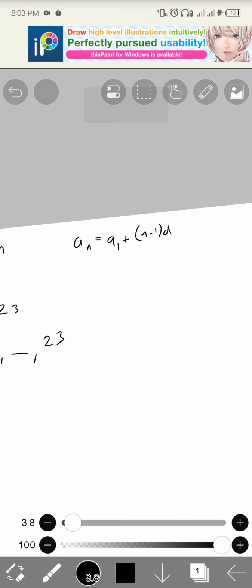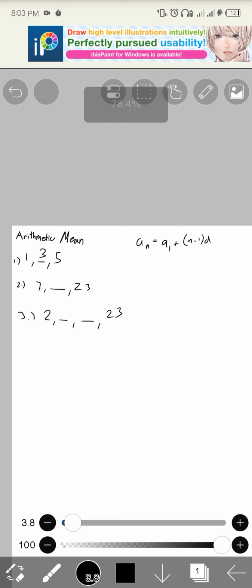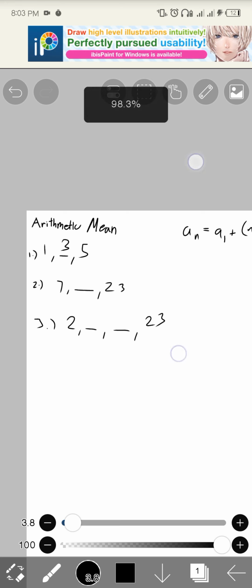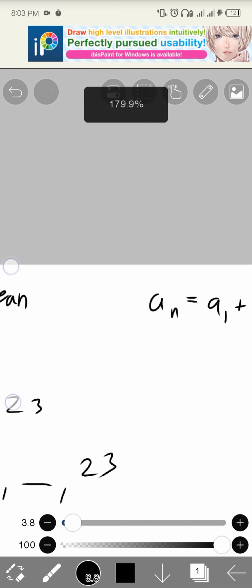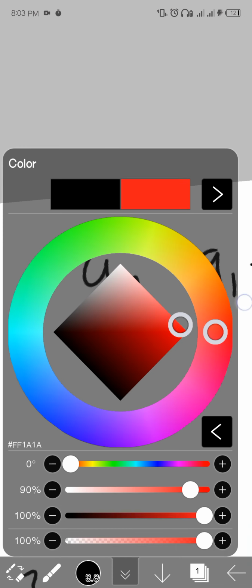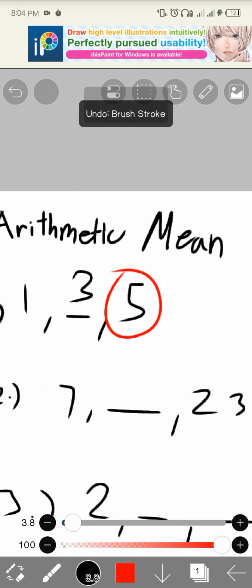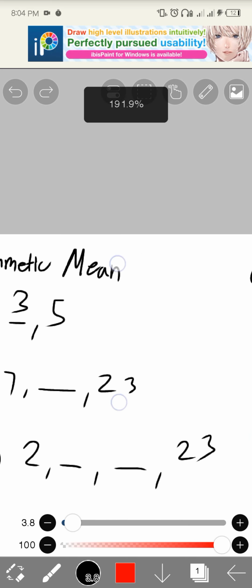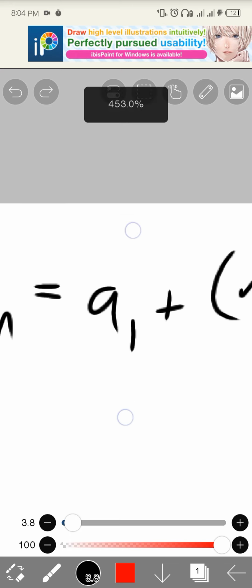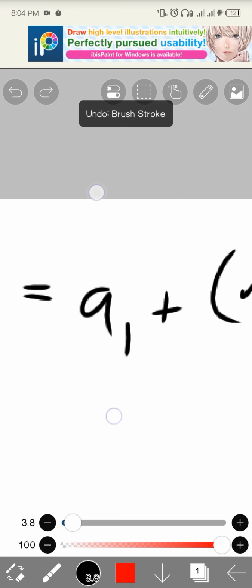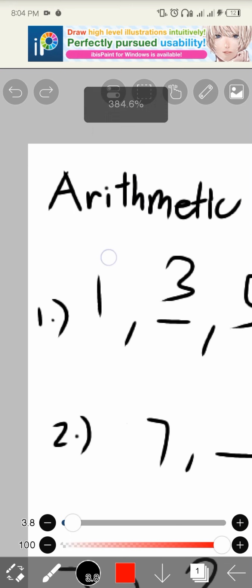So, the long way you can use is, again, the formula. Substitute na lang. So, a sub n is, like I said, last term, no? So, we'll take 5. Our a sub n is 5 is equal to a sub 1, which is the first term, no, ang first number, which is 1.